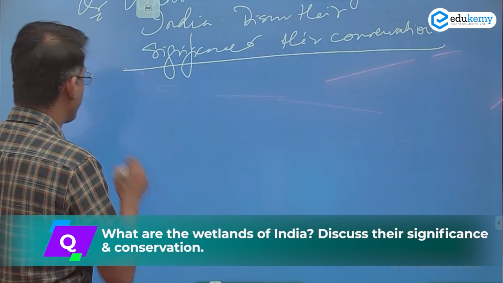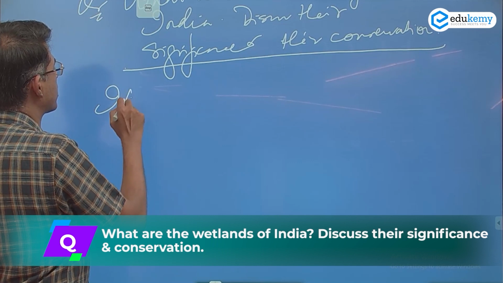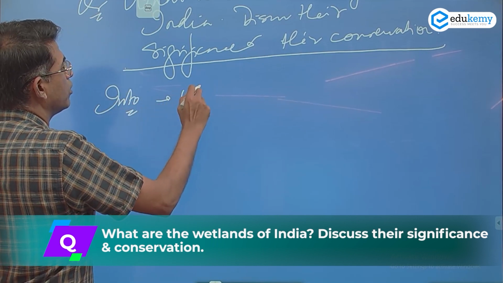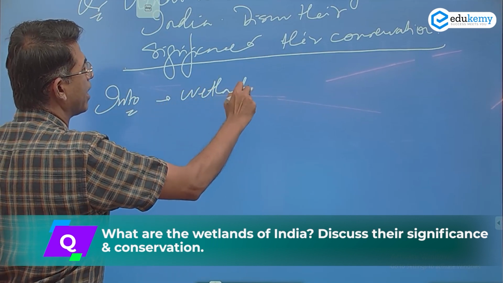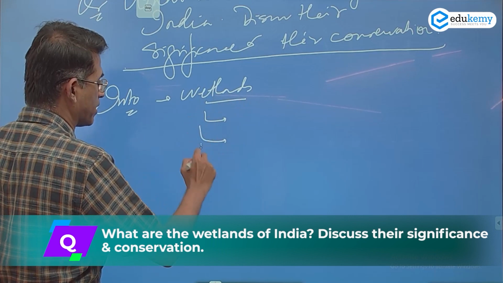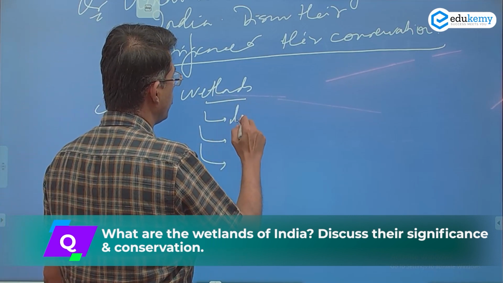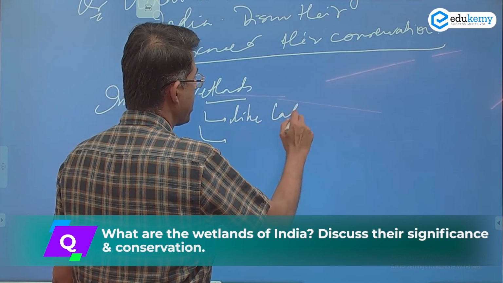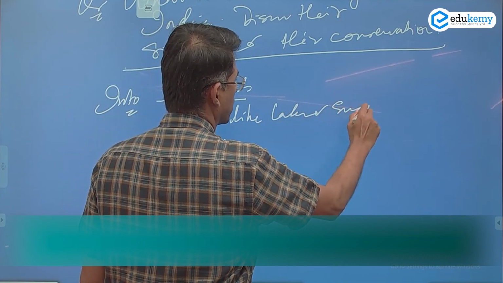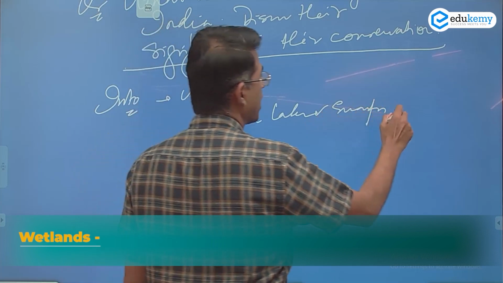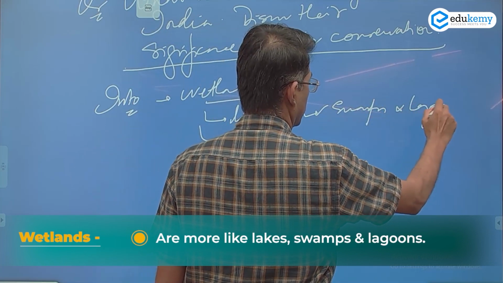Okay, now see, wetlands, so maybe like an introduction I'm explaining. There are 3-4 important properties of wetlands. Wetlands are more like lakes, swamps and lagoons.